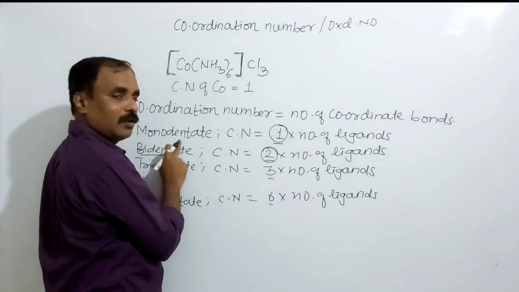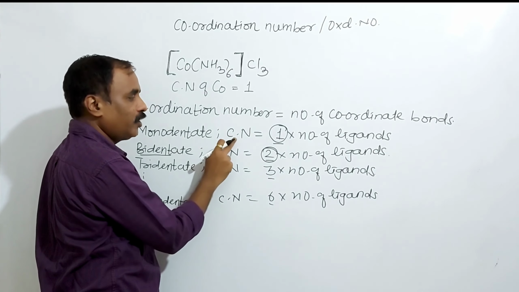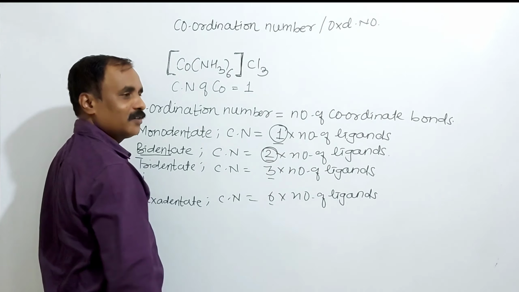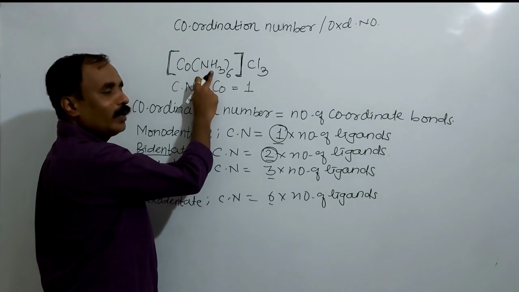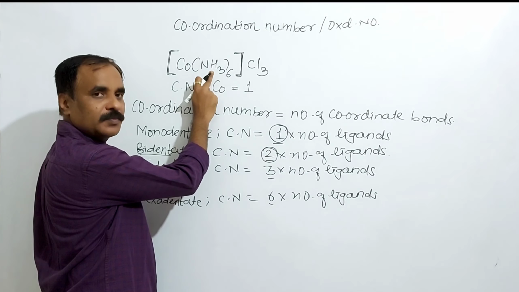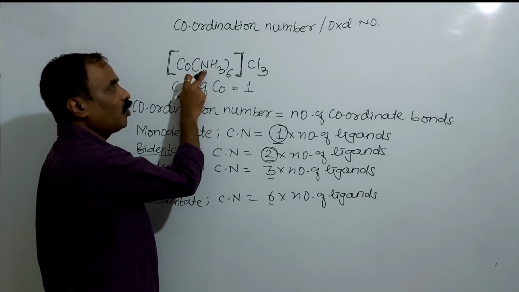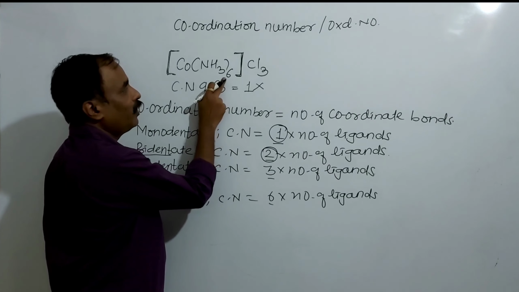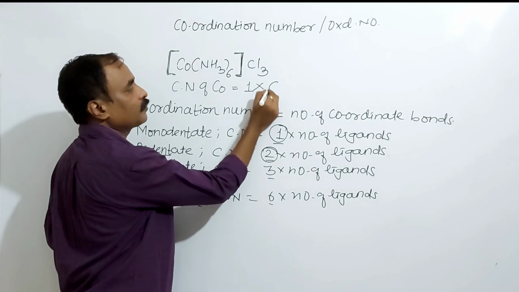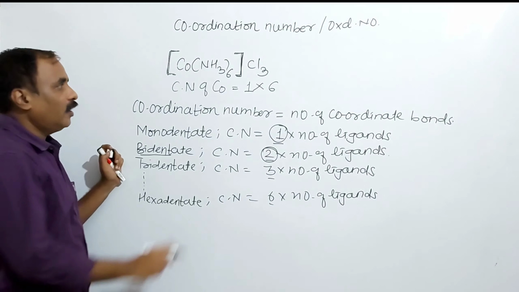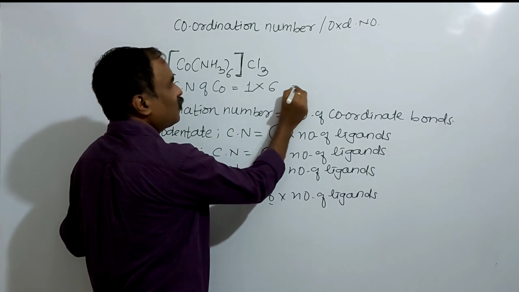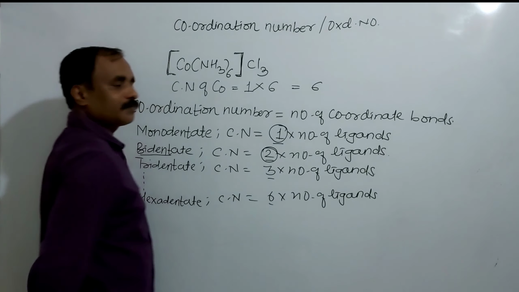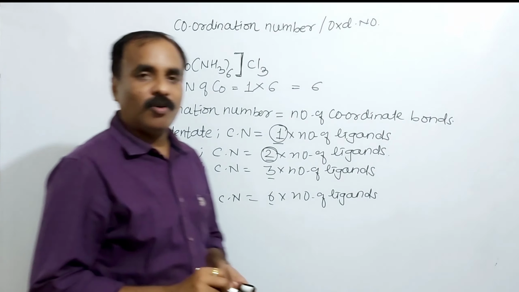If ligands are monodentate, coordination number equals 1 into number of ligands. Only nitrogen is the electron pair donor atom. So 1 into 6 ligands. That means the coordination number of cobalt is 6, with 6 coordinate bonds to cobalt.